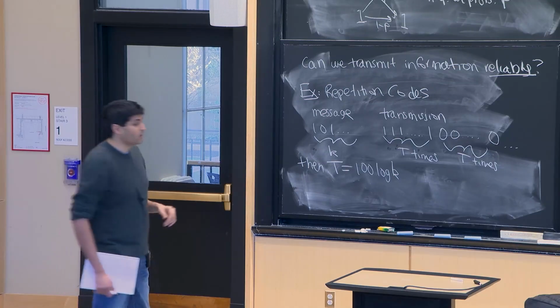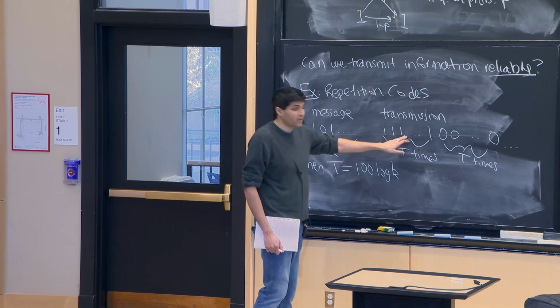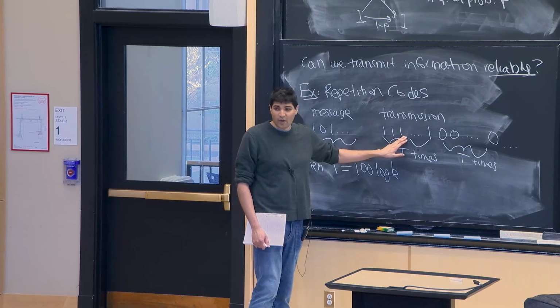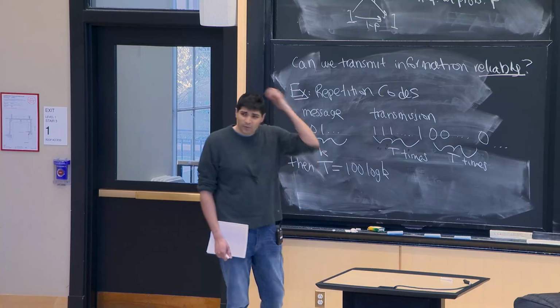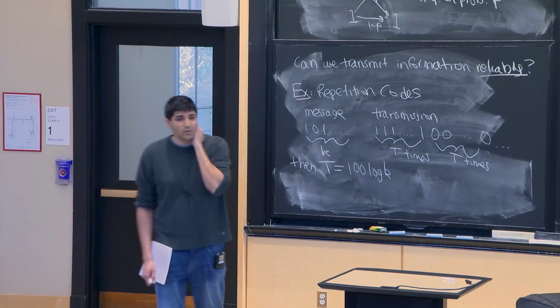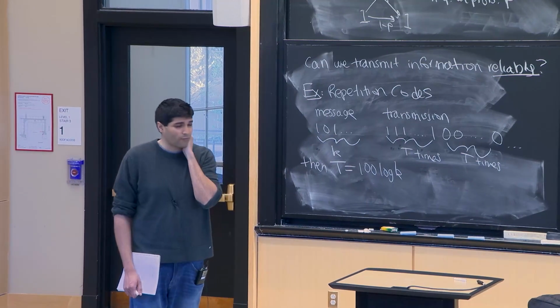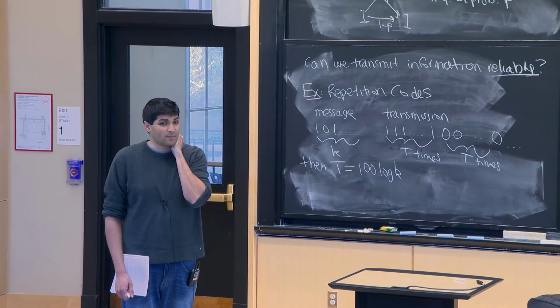That's the only way I would get the wrong decoding for this bit, if I ended up with half errors instead of a third. So what kind of tool that we've covered earlier in class might be useful to get a bound on the failure probability, the chance that my decoder fails here?